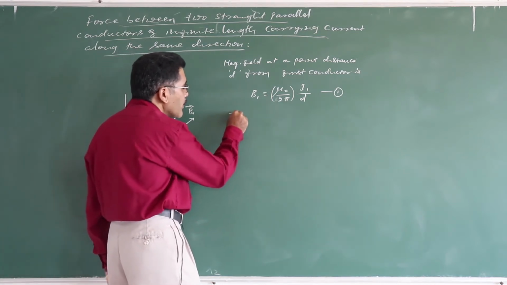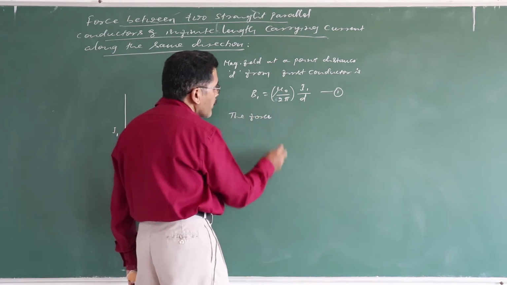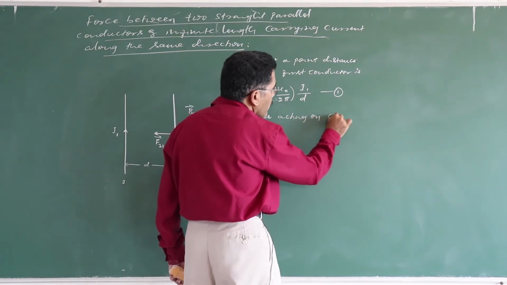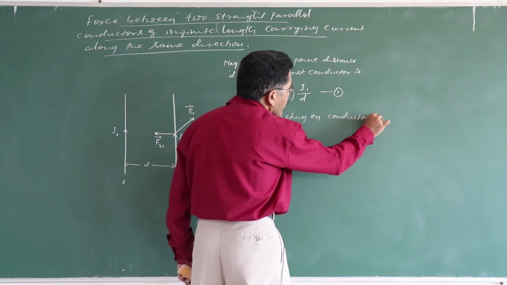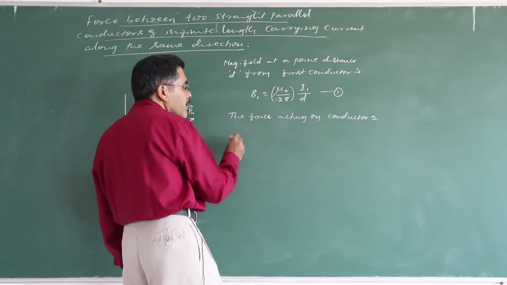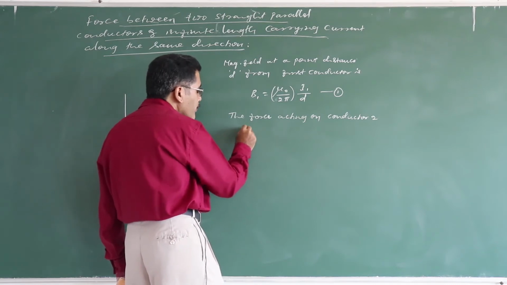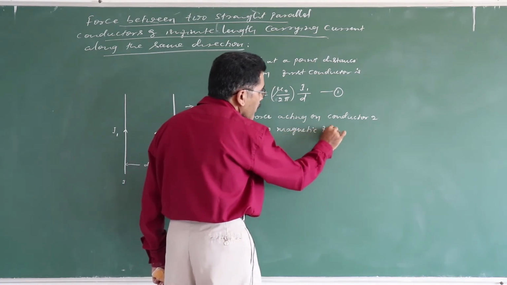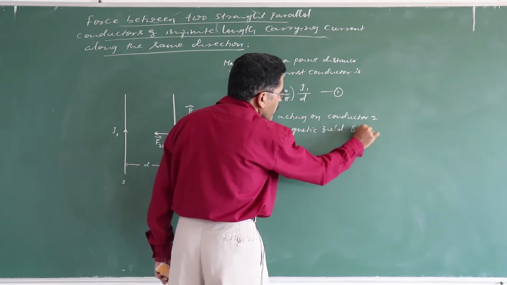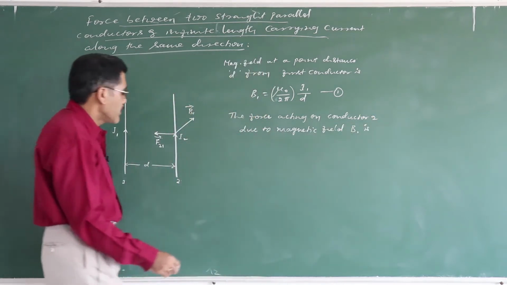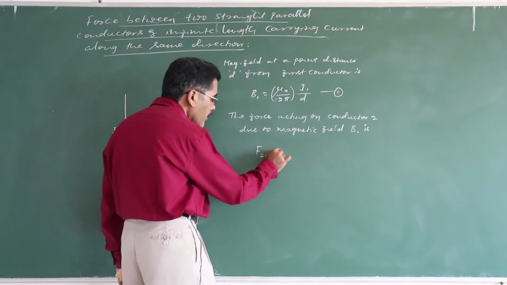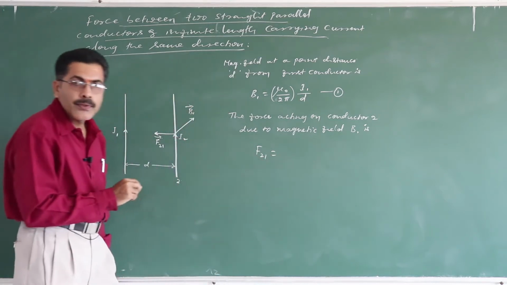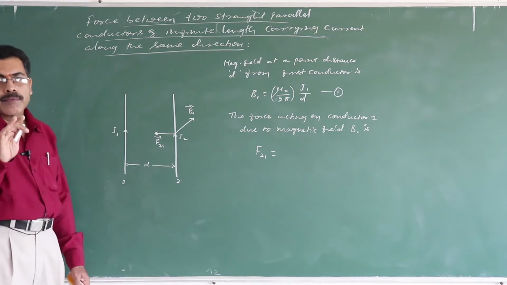The force acting on conductor 2 due to magnetic field B1 is F21 equals... I take the force as the maximum force.